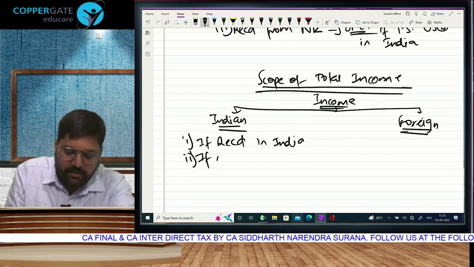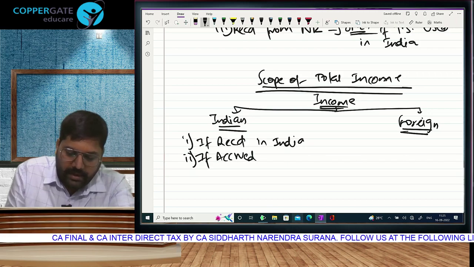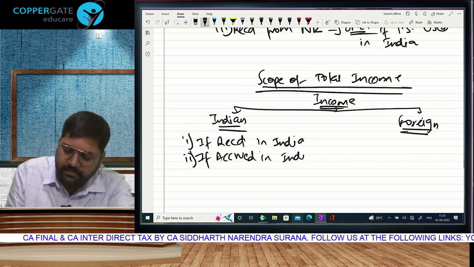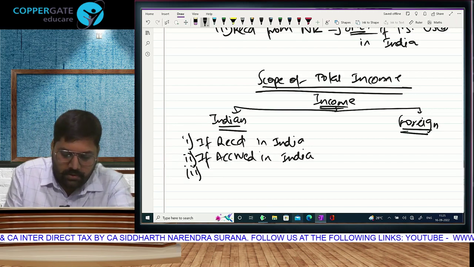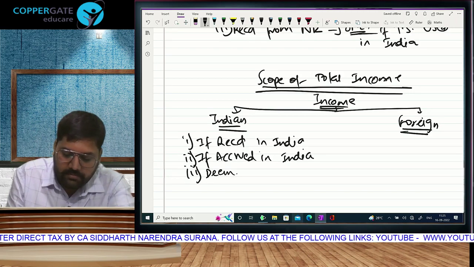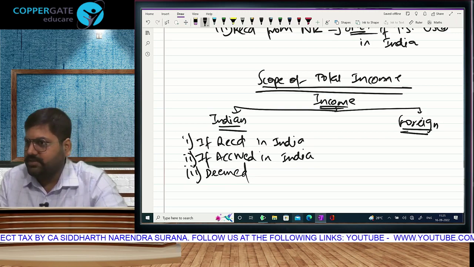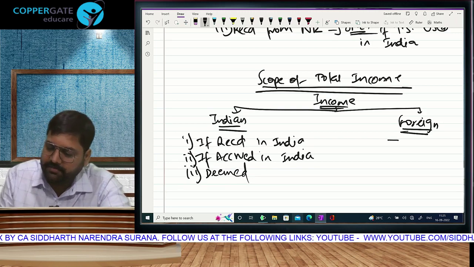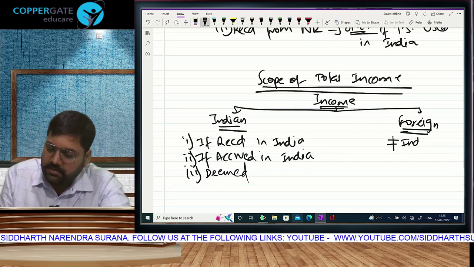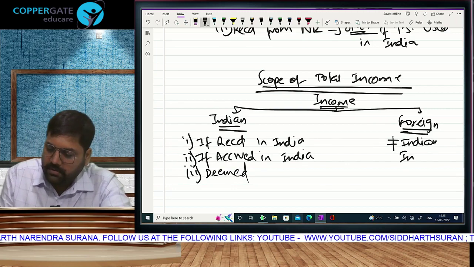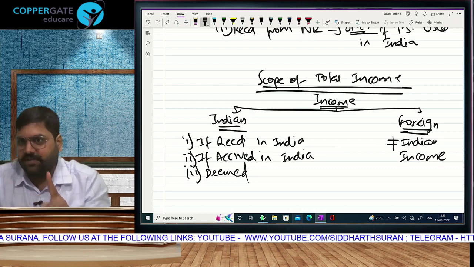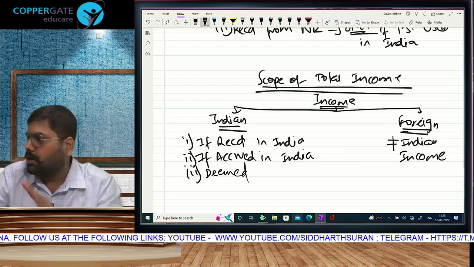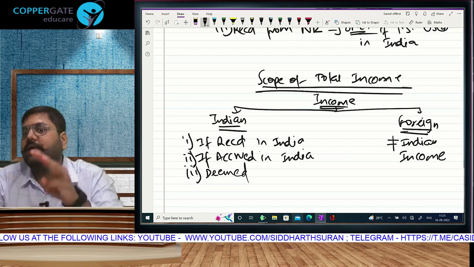If accrued in India, any one of them has happened in India, so Indian income or deemed Indian income. All this is Indian income. And what is foreign income? Anything which is not Indian income. Not received in India, not accrued in India, and not deemed to be Indian income.